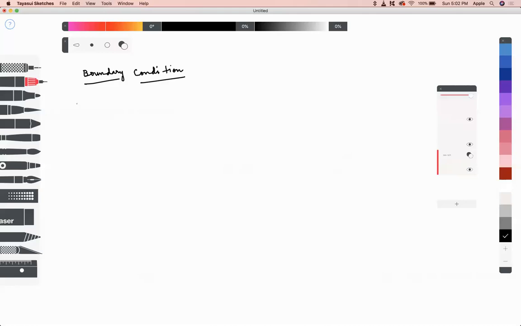So the first one is a specified temperature of surface of body.